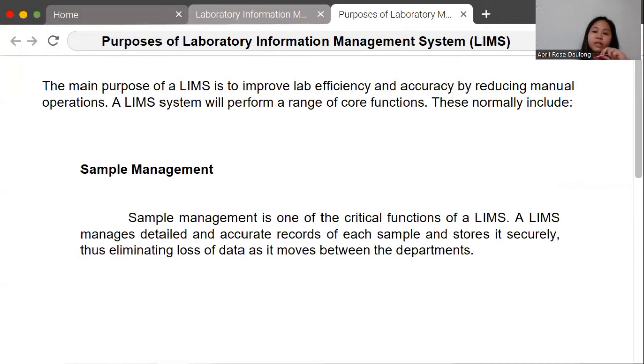These normally include, first, sample management. Sample management is one of the critical functions of LIMS.